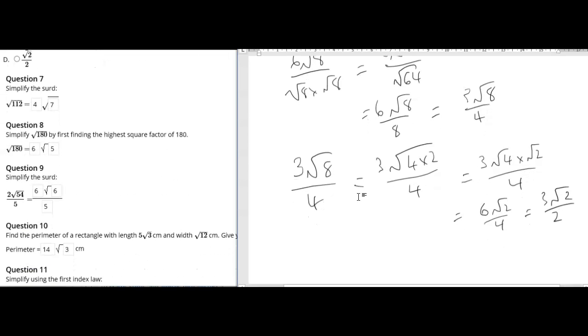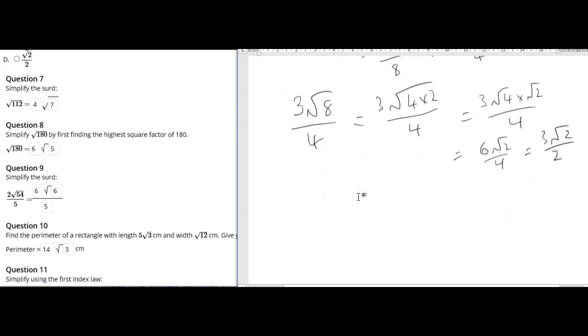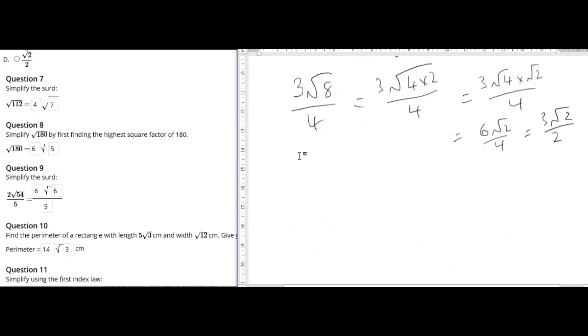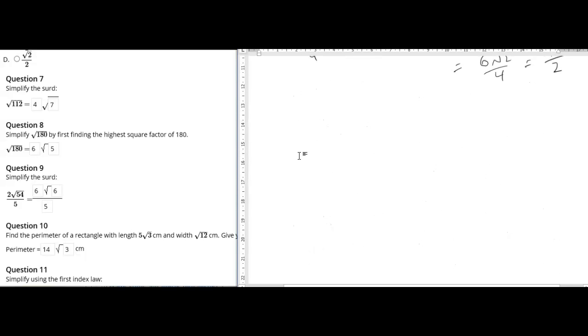All right, question number 7, simplify the surd. The square root of 112. Now, this is a high number. Remember, we've got to find what square values go into that.